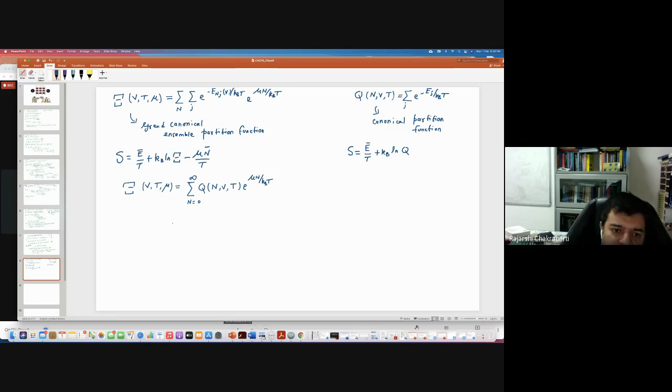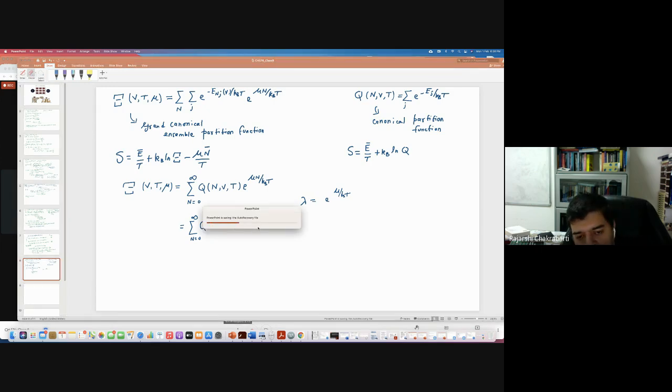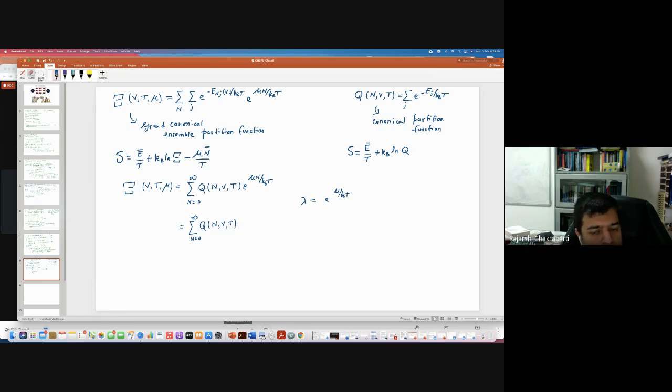And you can further simplify this by defining a quantity lambda, which is the exponential of mu by k_B T. Then this is going to be the sum over N of lambda to the power N times Q(N,V,T). Is this okay?